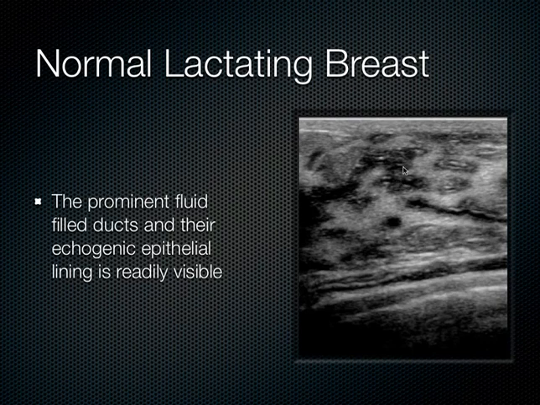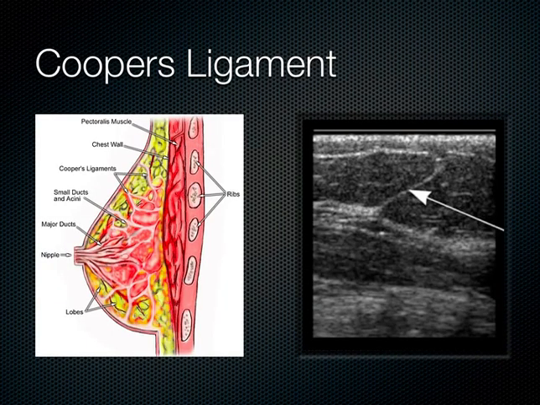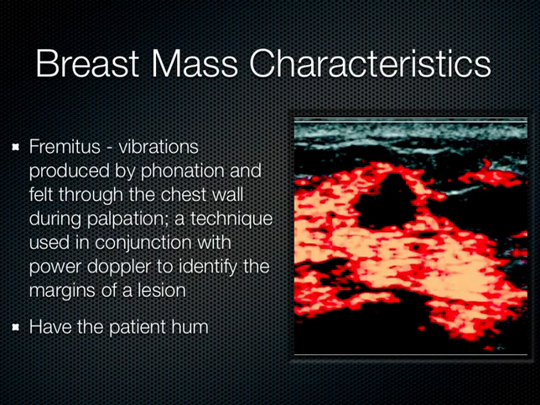And we can see those quite prominently throughout this lactating breast. And one of the other things you can see quite easily are the suspensory ligaments known as Cooper's ligaments. They look like hyperechoic lines. When you get them at the right angle, you can see that very obvious hyperechoic line, which is Cooper's ligament. We see those throughout the breast tissue quite commonly.